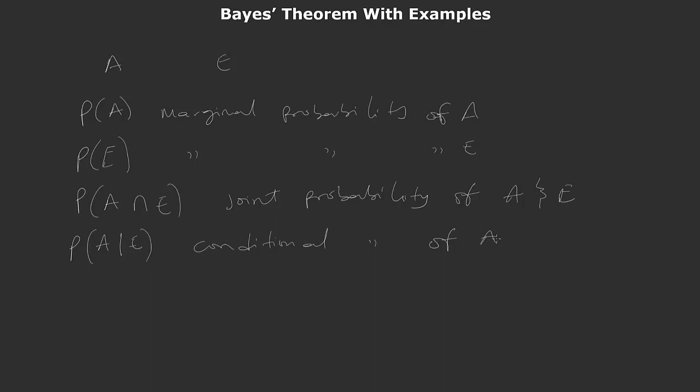When you have just a probability of an event, it's typically referred to as marginal probability. But if you want the probability of both events happening at the same time, you call that joint probability. Then if you are interested in the probability of A, given that event E has happened, you call that conditional probability.